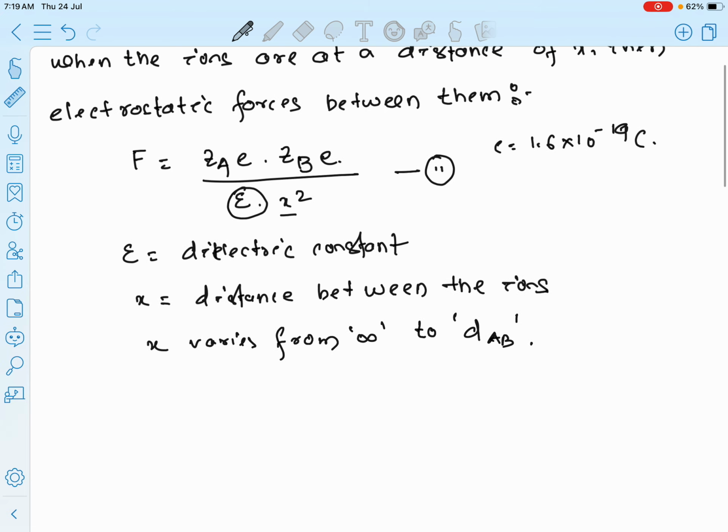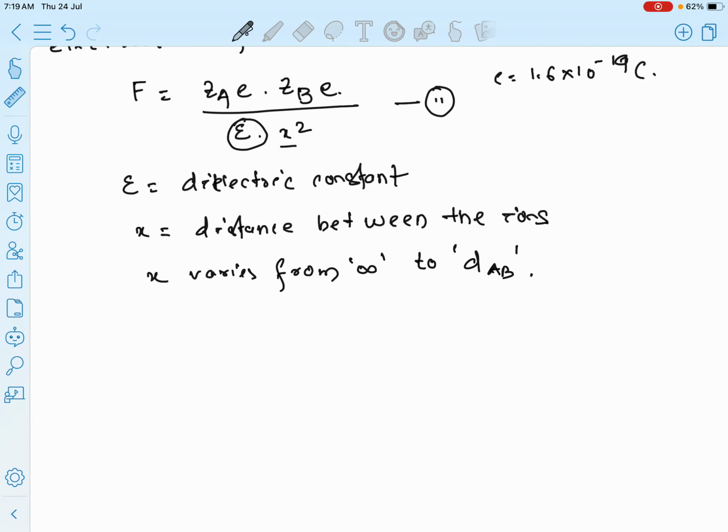Now what we need to calculate is the work done. So work done dw is equal to minus f into ds. ds is the distance, f is the force acting on the ions.